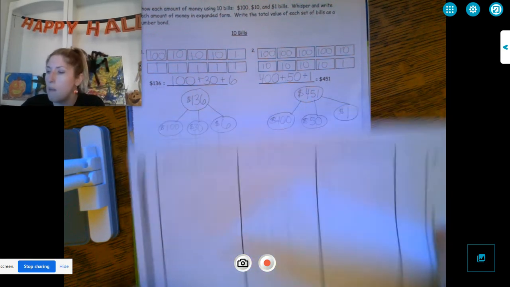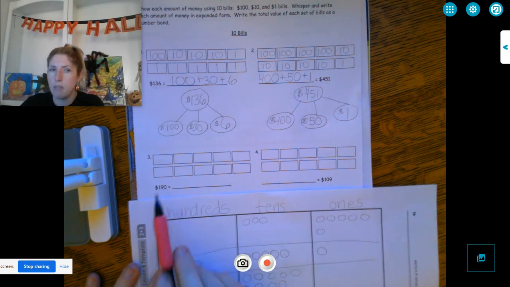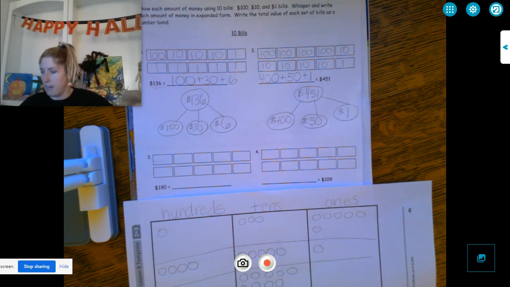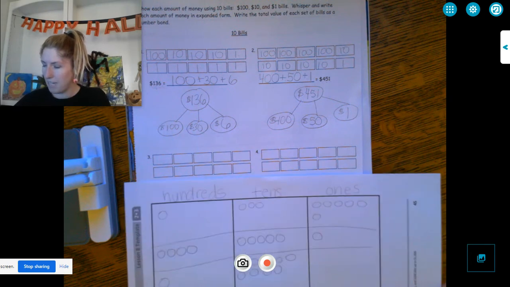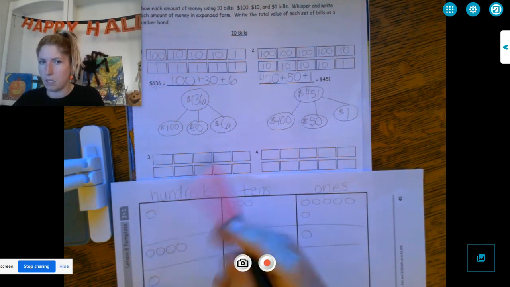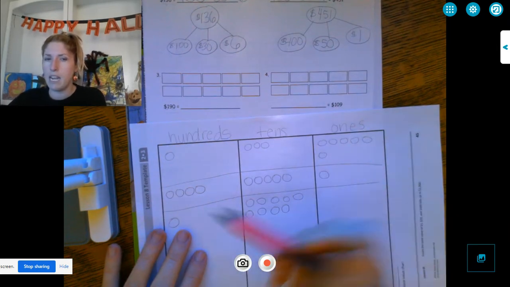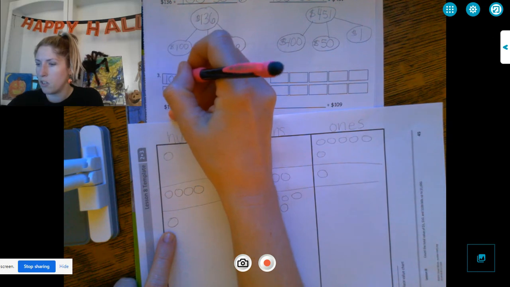Okay. And how many ones are in 190? There's a 0 in the ones place. That tells us there's no ones. 0, none. So we're going to leave the ones place blank. Okay, now we get to put these numbers onto our dollar bills. So we need one $100 bill, 100.